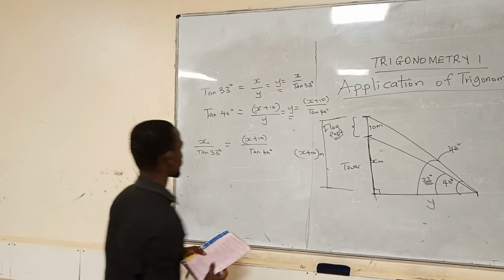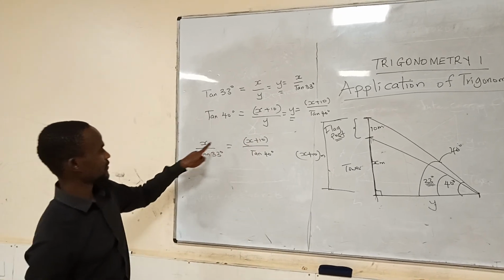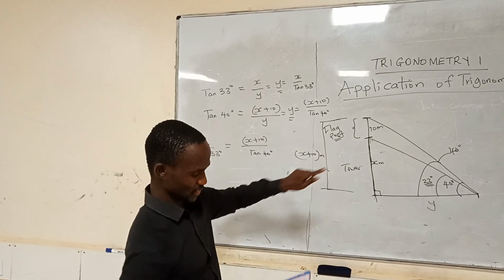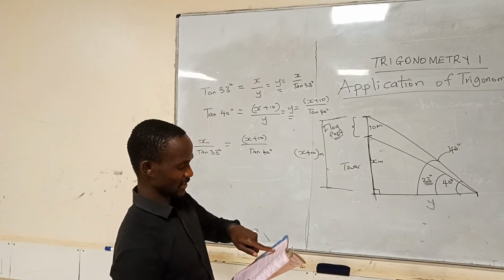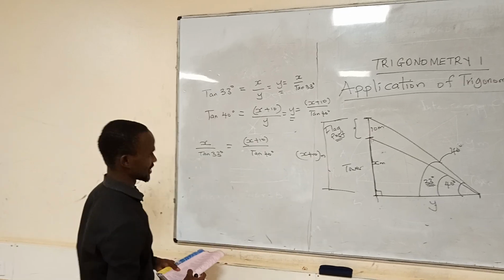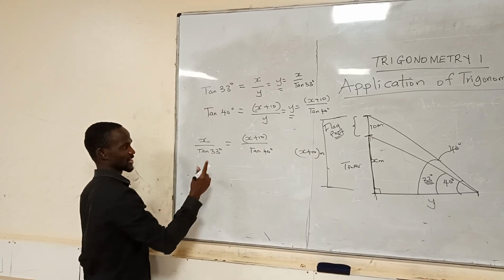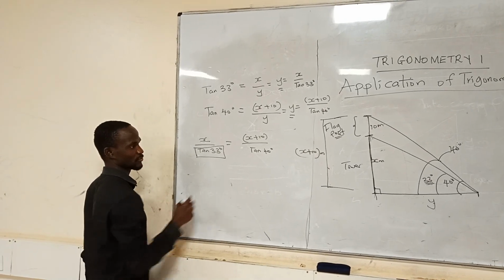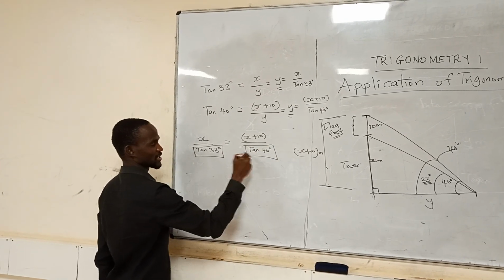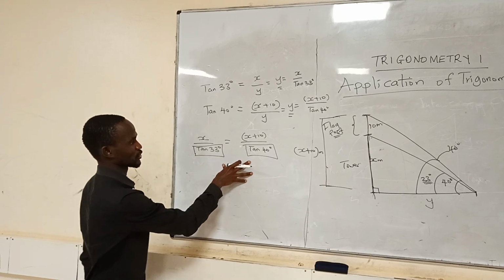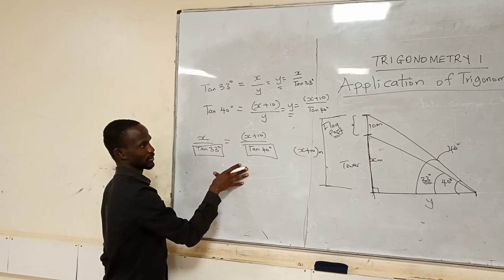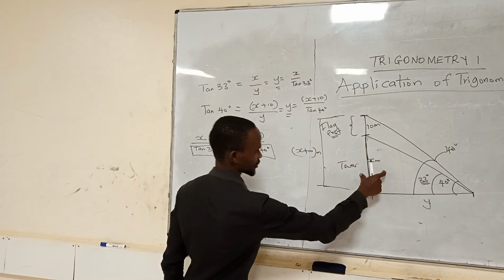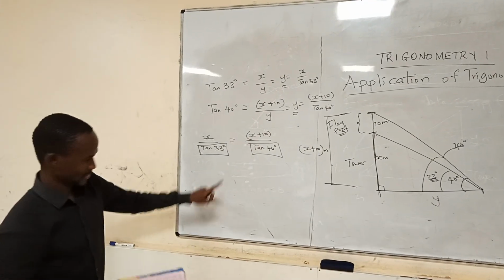Now from this point, whatever you get for the value of x is what you are being asked as the height of the tower. So I expect that you will go and check the tan of 33 degrees from the table, check the tan of 40 degrees from the table, do the substitution here, and I would like you to get the value of x. The value of x will be the height of the tower in meters.